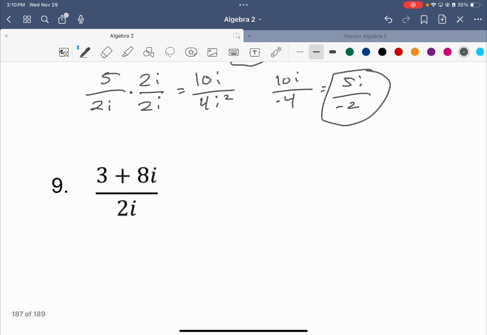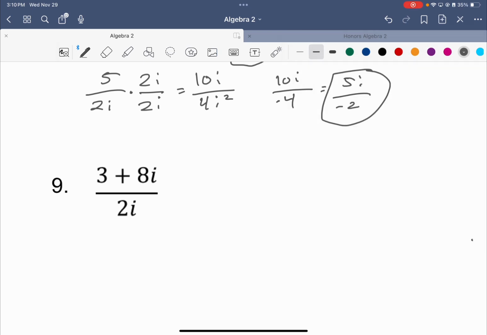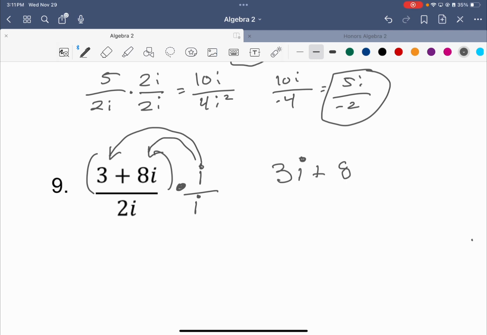So let's look at the next one: 3 plus 8i over 2i. It becomes a little bit more complex of a problem, but the concept is still exactly the same. I'm going to multiply by i over i. But now, because that's a binomial, 3 plus 8i, we have to put it inside parentheses and distribute. i times 3, 3i. i times 8i, 8i squared.